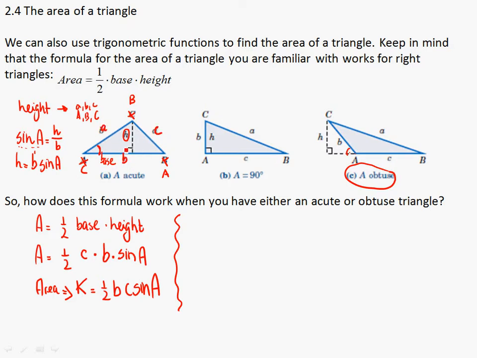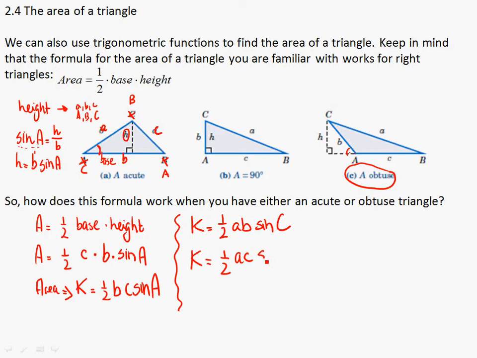So if I rewrote this whole expression, does it make sense that I can come up with any of these? Instead of a half times B times C, I could have a half times A times B, and then the angle ends up being sine C. Or the area could also be a half times, so we used A and B, we used B and C. Which combination did we not use yet?